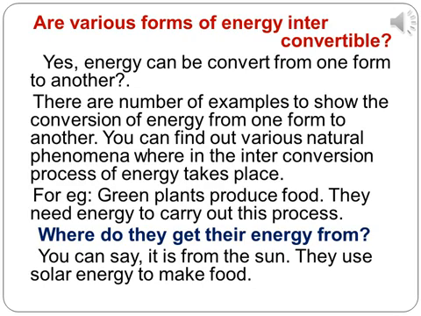For example, green plants prepare food. They need energy to carry out this process. You know that this process is called photosynthesis. Where do they get their energy from? You can say that it is from the sun. They use the solar energy to make the food.